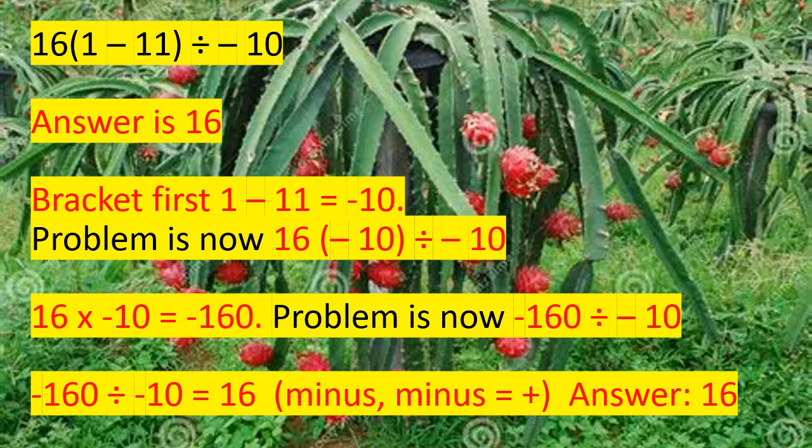So the problem is now minus 160 divided by minus 10. So we can use the minus minus rule here. So it'll become 160 divided by 10 equals 16. And that's the answer.